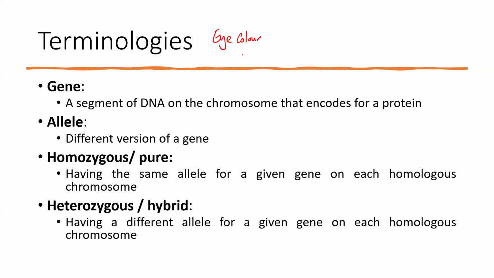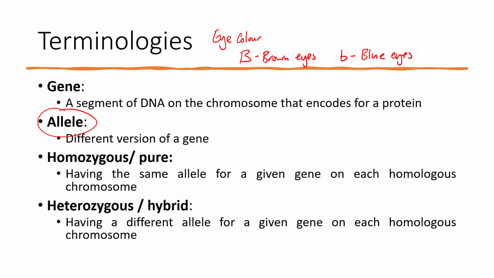For example, we might have the big B version, which gives you brown eyes. And we will have the small b version, which would give you blue eyes. Okay, so these different versions of the gene are called alleles. Allele.